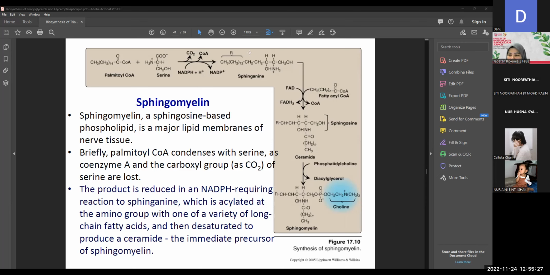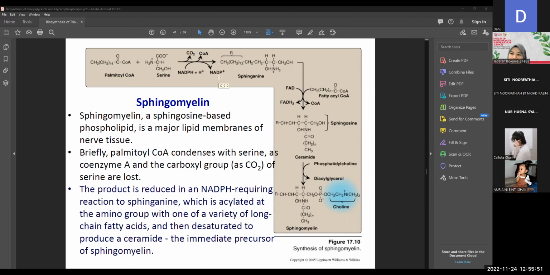The condensation of palmitoyl-CoA and serine produces 3-keto sphingenin. Then another step, an NADPH dependent reaction, produces sphingenin. This one is simplified into one.